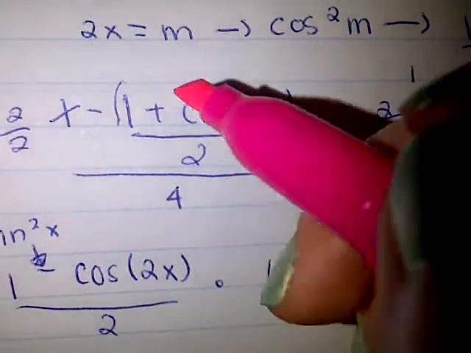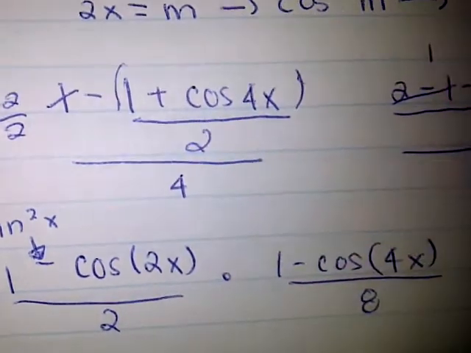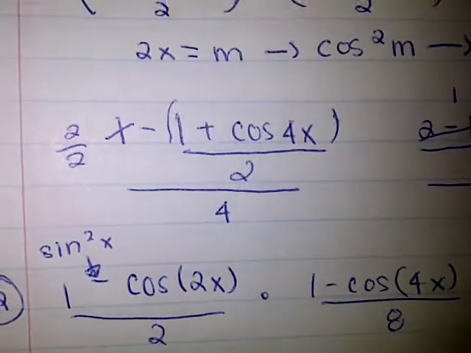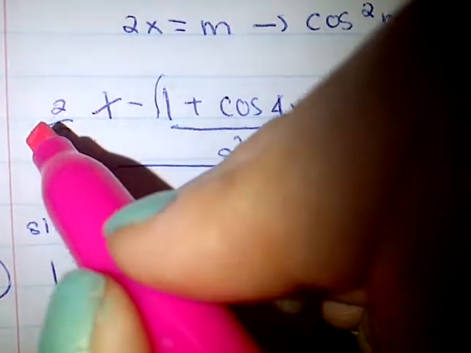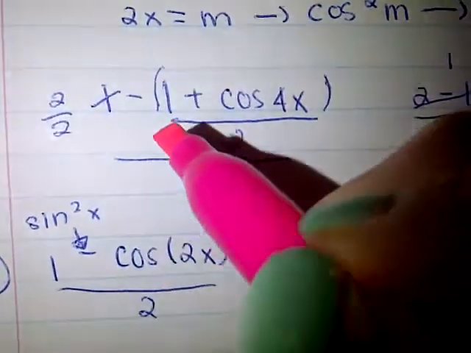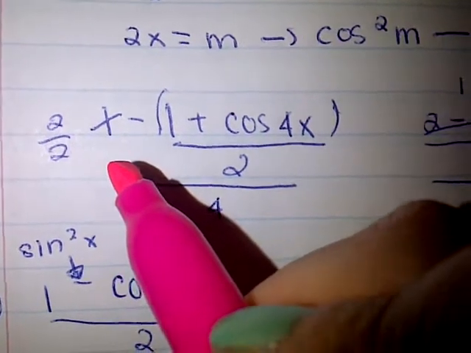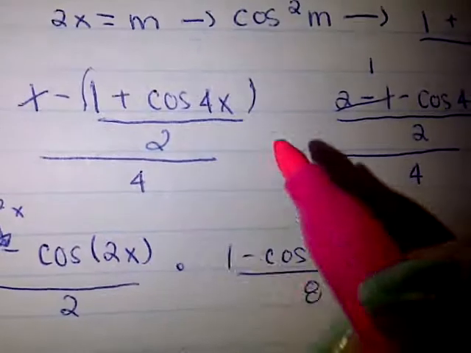4. Since these are different denominators, you are going to have to make them the same denominator by changing the 1 and making it equal to 2 over 2, which is basically 1. So since this is 2 over 2, you can now solve the numerators accordingly.